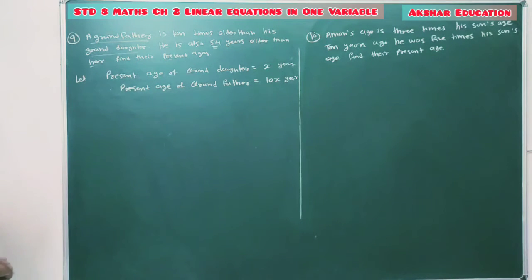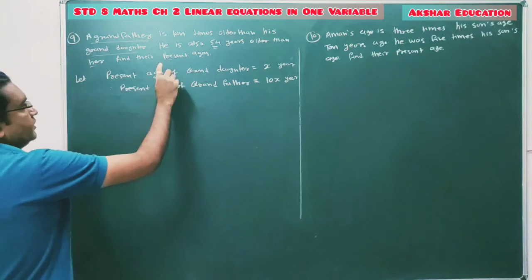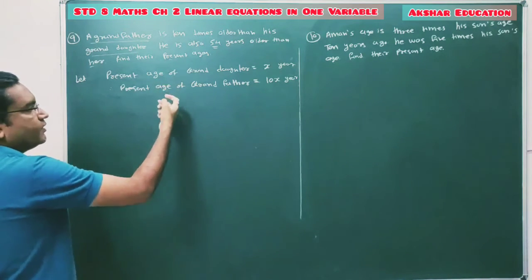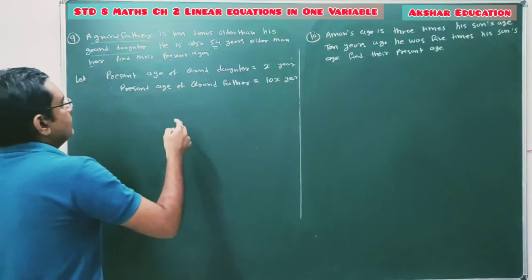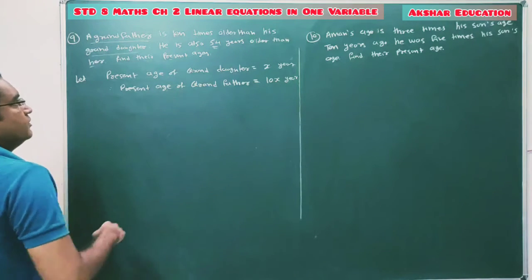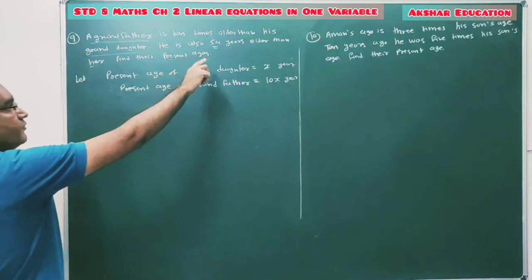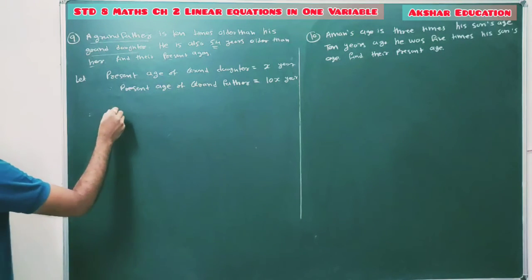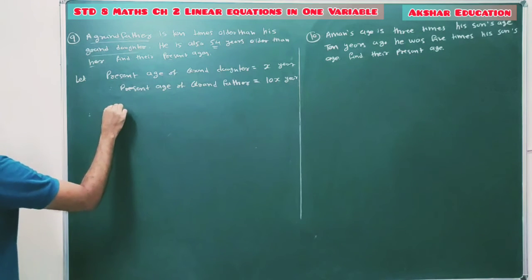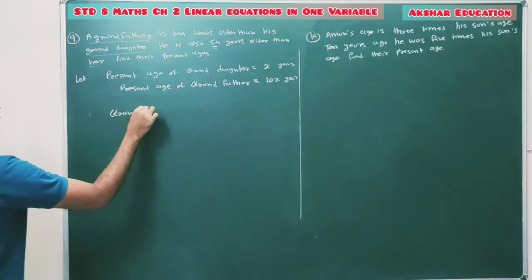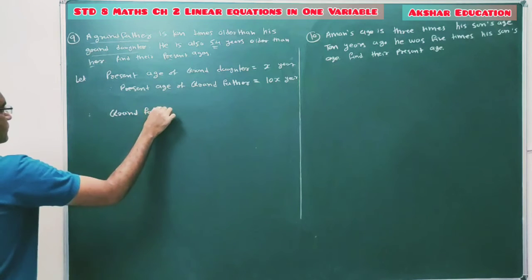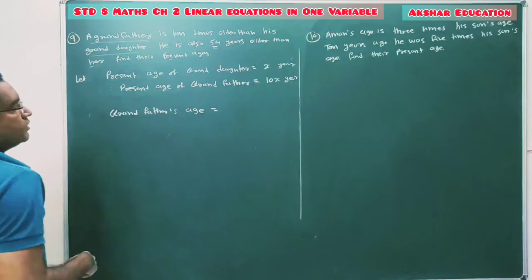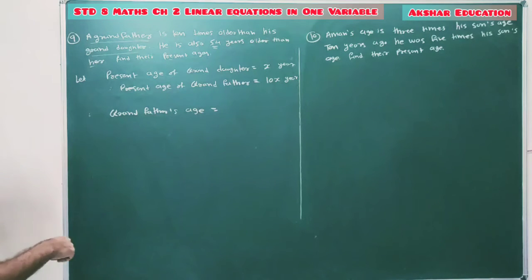Clear? Now the second statement. Two relations are there between the ages of grandfather and granddaughter. He is also 54 years older than her. So the age of grandfather is 54 years older than the granddaughter.